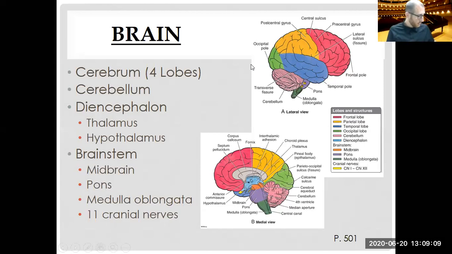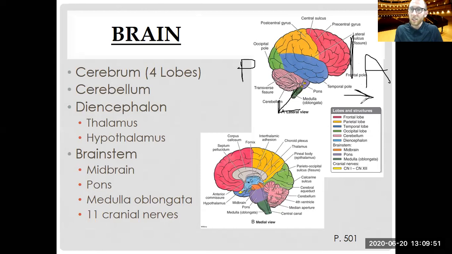If you learned the skull really well, then these should make sense because they're exactly lined up with the skull bones. Now this is a lateral view. Be able to tell me what is posterior and anterior based upon the fact that the spinal cord and the brainstem point posteriorly. Frontal lobe, more anterior.